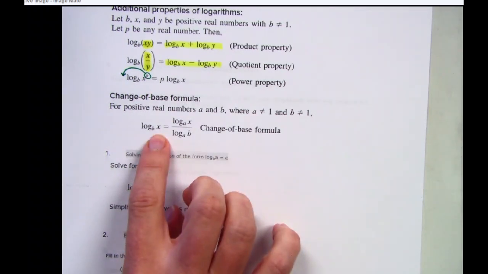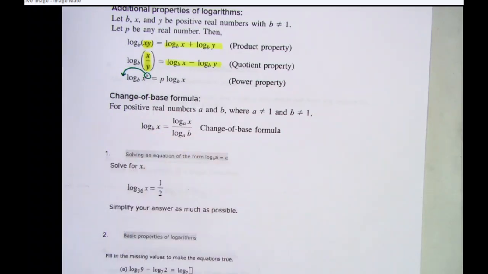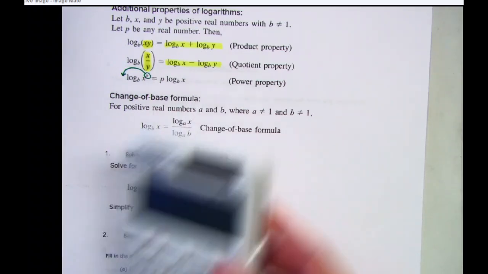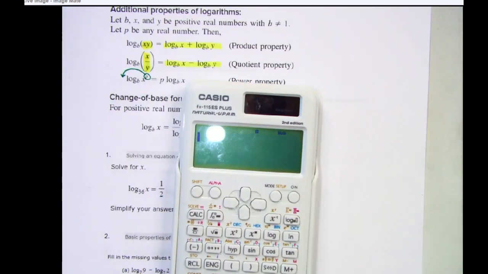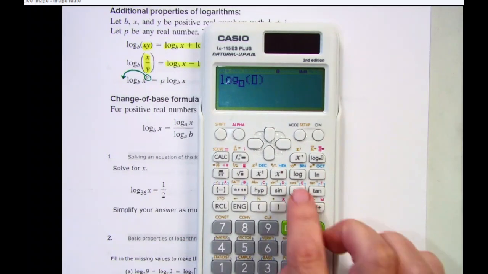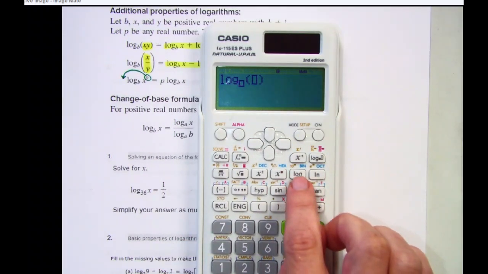How many of you have figured out how to do the change of base in your calculators? We talked about that last week, if I remember right, didn't we? Should we remember where that is? Oh yeah, there it is. It's just that button right there. Remember, when you use the LOG button, it's always base what?